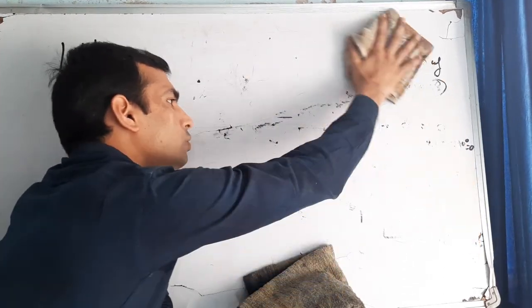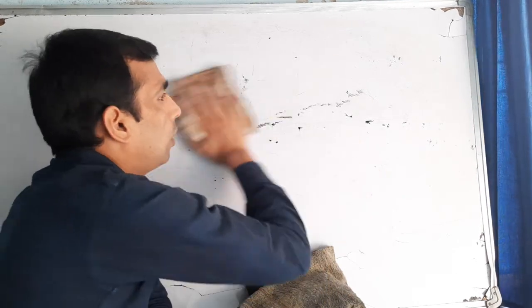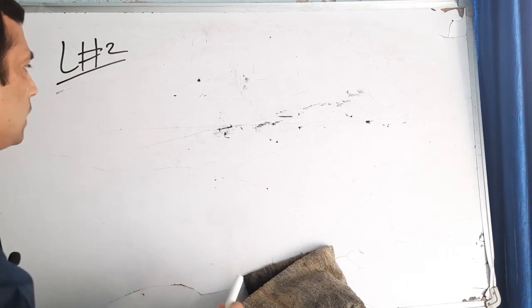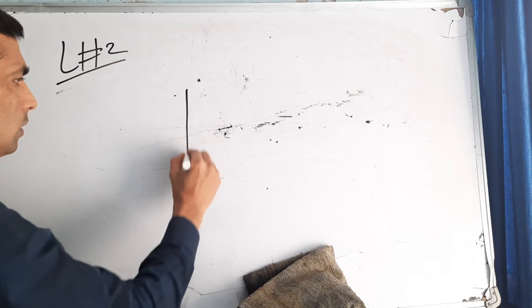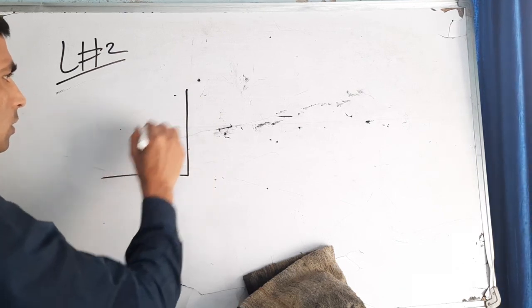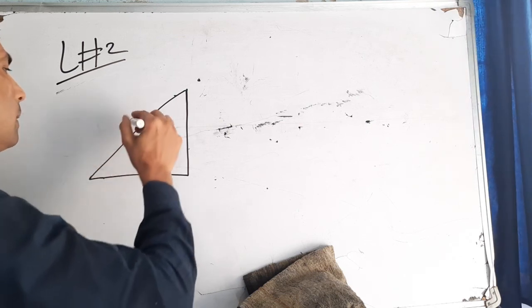So now I'm going to take another example which is also based on constrained motion, right students? So let's say this is the block, this is the block.